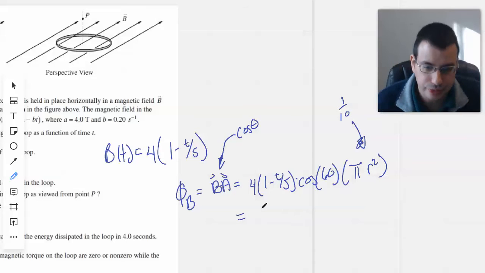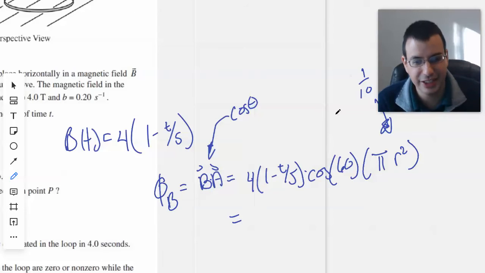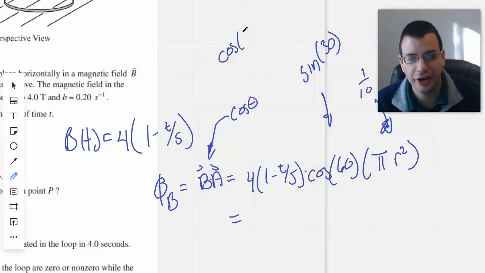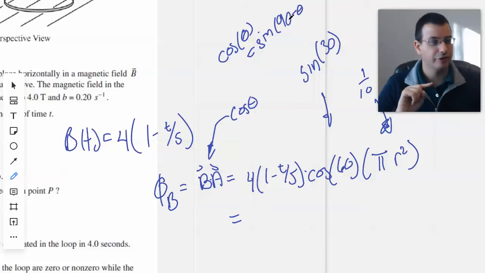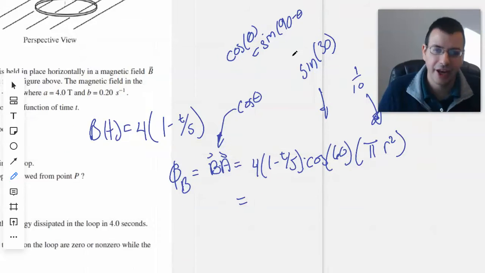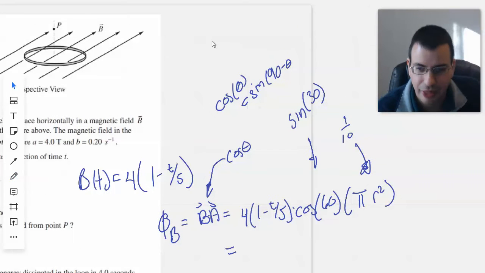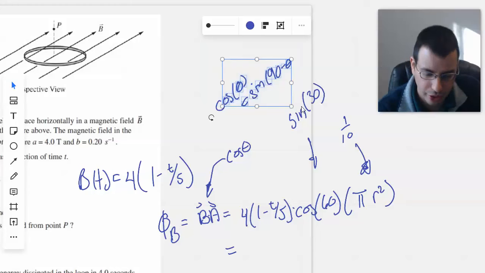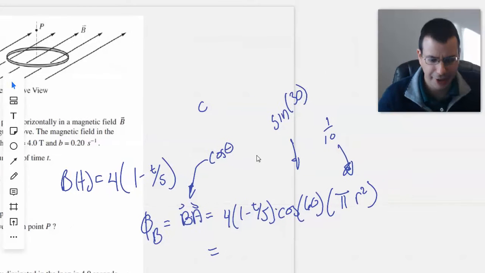And then cosine of 60 is the same as sine of 30. Cosine of theta equals sine of 90 minus theta. And that's how you can convert between cosine and sine. And I always do sine because I have thumb rules which I know for sine.